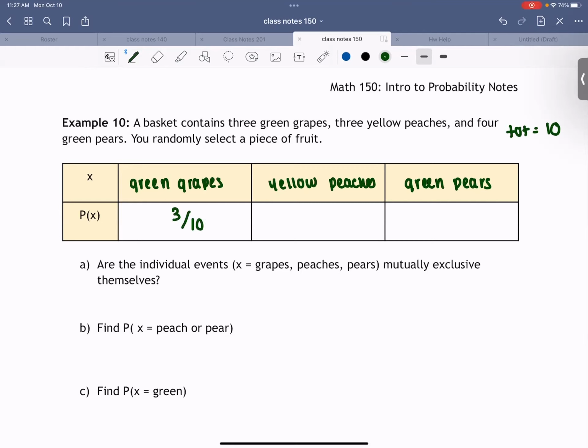Yellow peaches? 3 out of 10. And what about green pears? I'm going to keep it as 4/10 just because it might make things easier, but you can write 2 things too. All right, I'm going to give you a few minutes to work on A through F. You can work together if you would like to, and I'll come back in a little bit.